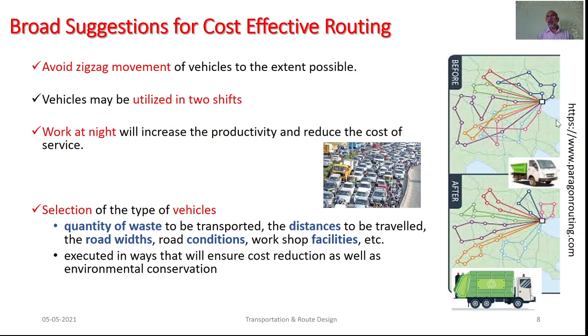Say, for example, if the stretch is small, if it is too congested, if the road width is not conducive, then selecting the bigger vehicle would not be beneficial proposal at all. Instead, one can go for the smaller vehicle. Hence, in addition to these particular factors, one may also think of the available workshop facilities in order to maintain that particular vehicles.